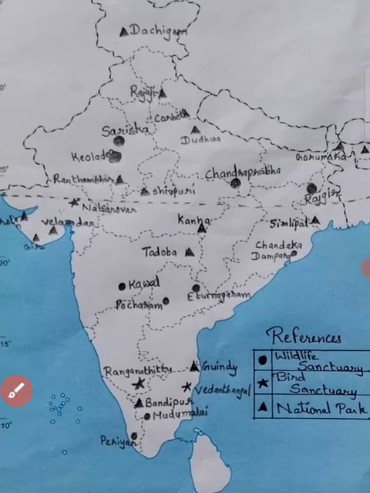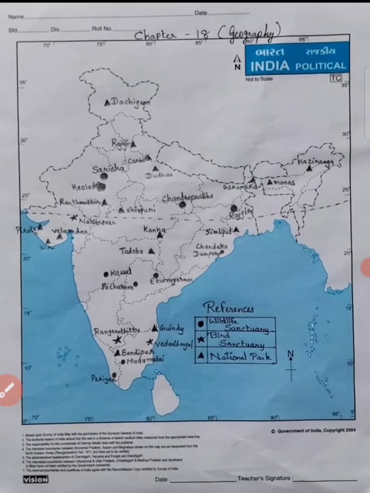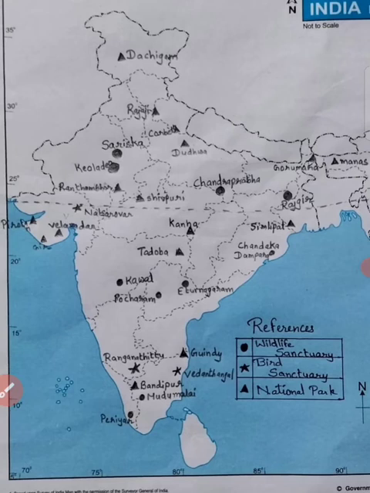Now you can see here, we can easily count. For the wildlife sanctuaries, from the starting Sariska, Keoladeo, we count 1, 2, 3, 4, 5, 6, 7, 8, 9 and 10. That is your wildlife sanctuaries. In the bird sanctuaries you have only 3, that is 1 in the part of Gujarat, Nal Sarovar, and 2 downside in the part of the south.